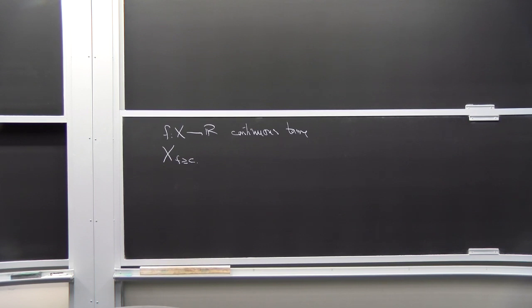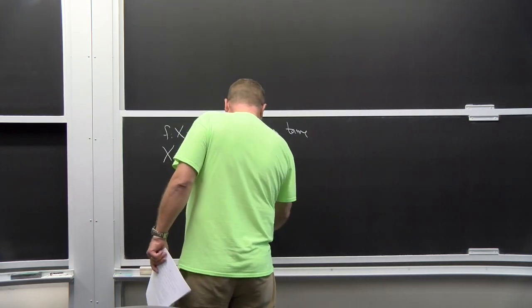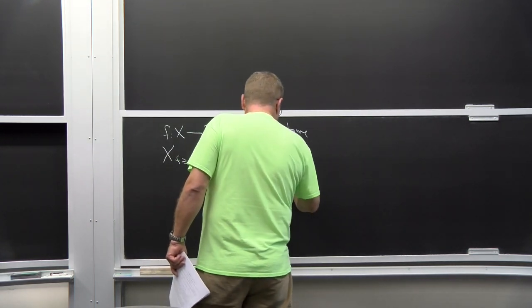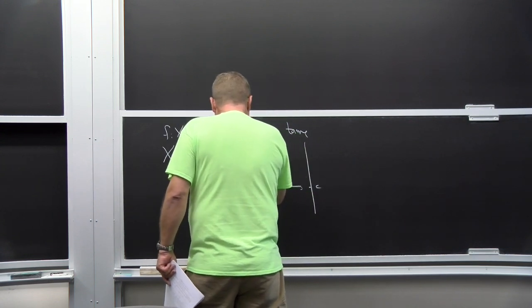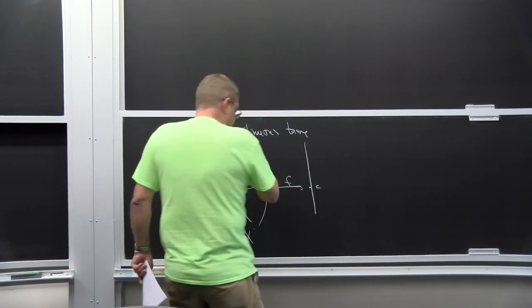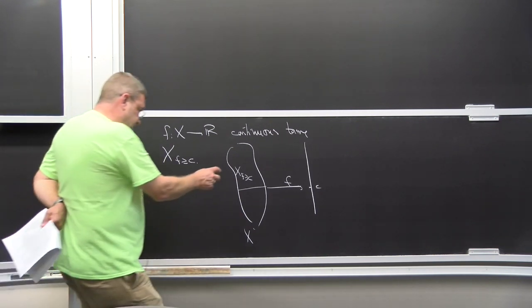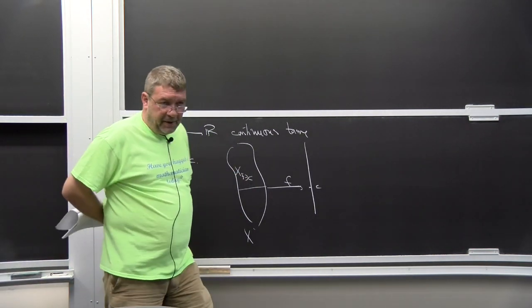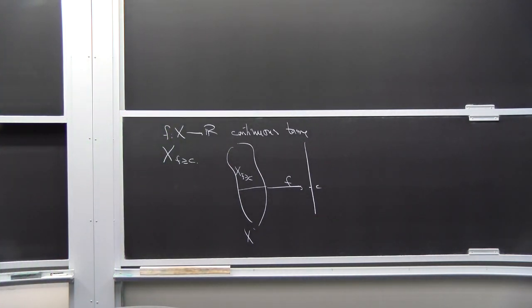The part in X above the energy level c. So this is X, this is f, this is c, this is X with f greater than c. And all the other notations. Now, this is the type of closed set for which I will use local cohomology.